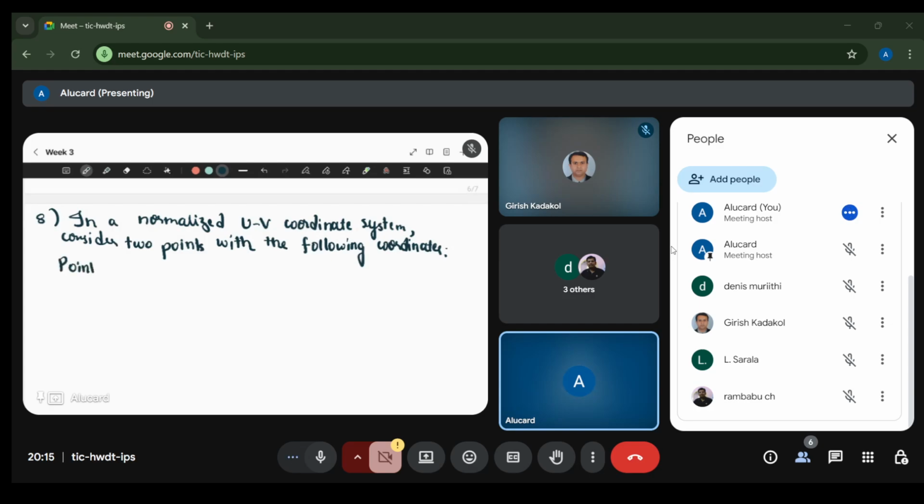Point A is at 3 comma minus 3, and point B is at minus 3 comma 3.